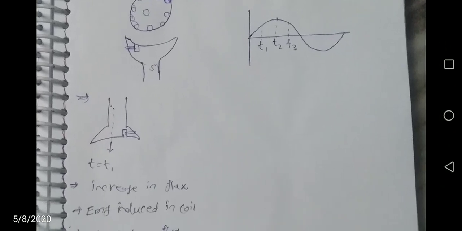Due to that flux, see in the figure at position number 1, at the left side of the pole, meaning the unshaded region, the flux is concentrated on the unshaded region.